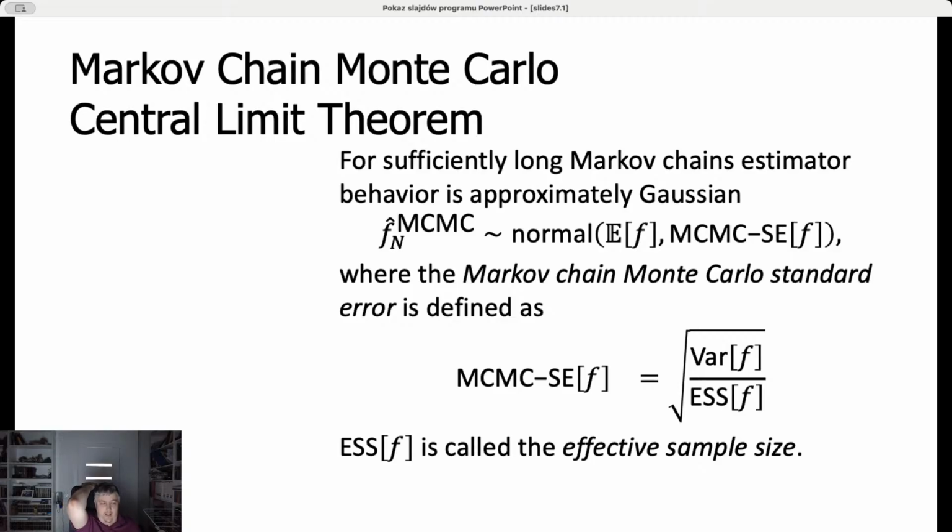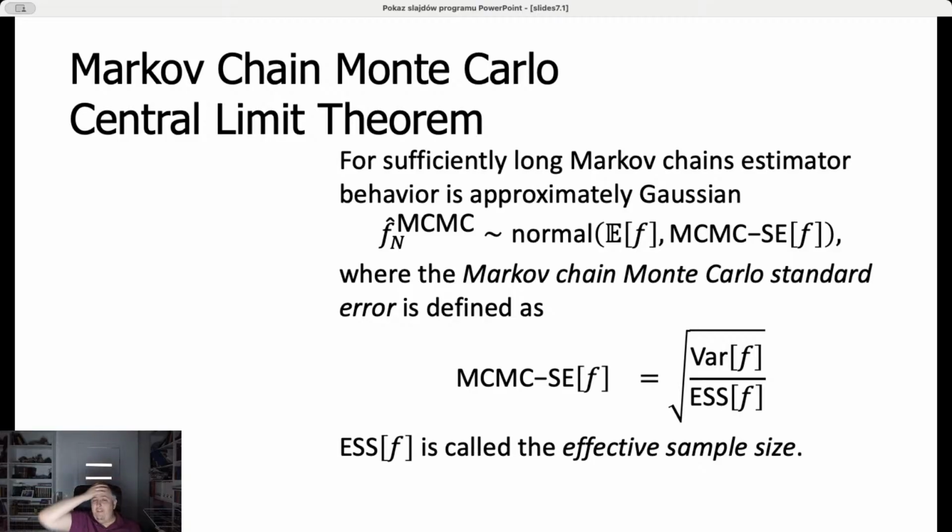So, because there are those issues, we cannot use directly the Monte Carlo standard error. We need to have something that is called the Markov chain Monte Carlo central limit theorem, or otherwise quantities regarding the estimation of the error. Generally, the idea is that as long as we have proper sampling, the expected value of our estimator will be the expected value that we want to compute.